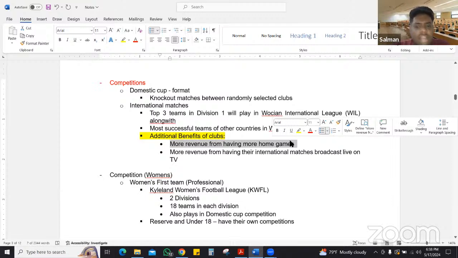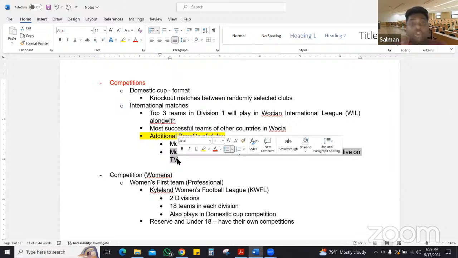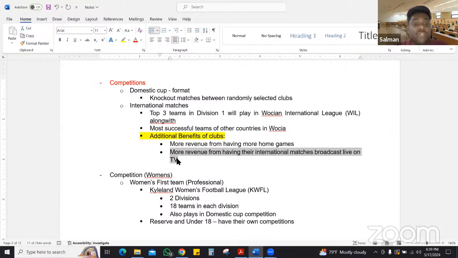What is a home game? The club's home ground. You have more revenue. And also more revenue from having the international matches broadcast live on TV. Between the revenue from broadcasting domestic matches and international matches, international is at a higher scale, more coverage. So the revenue you get will also be higher for international matches.